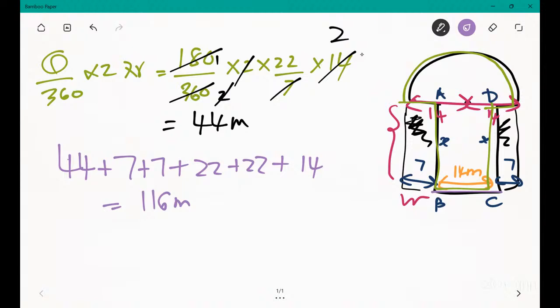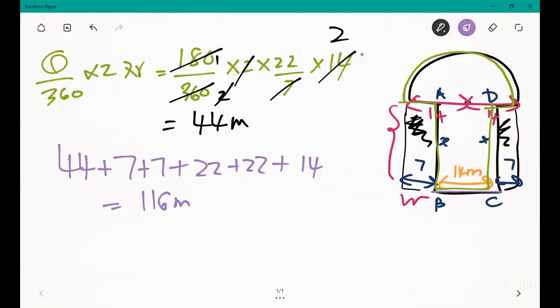So that is the total perimeter, but they're asking us another question, which is to find the length of a rectangle. Then they're saying find the length of the rectangle that has the same perimeter as the flower bed and breadth equal to the diameter of the semicircle.